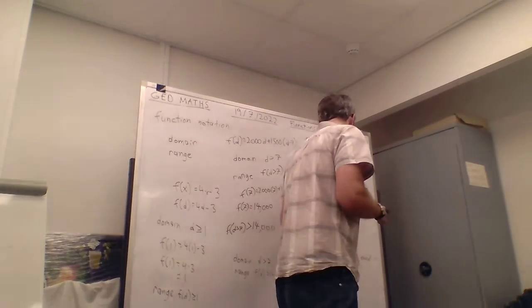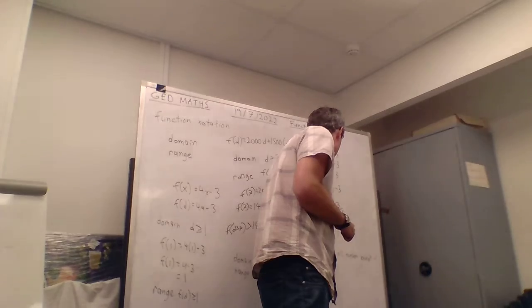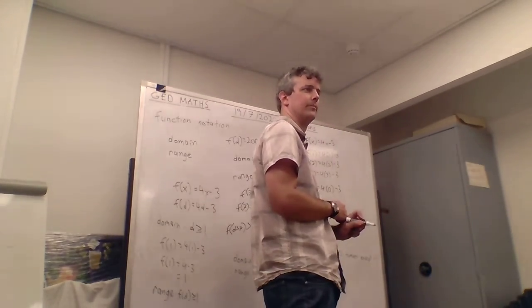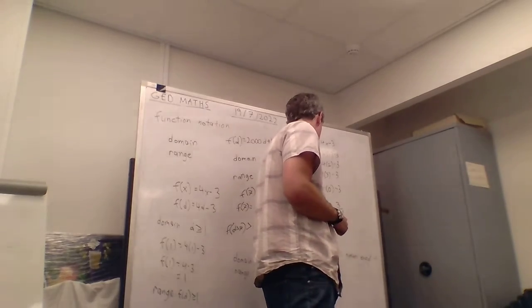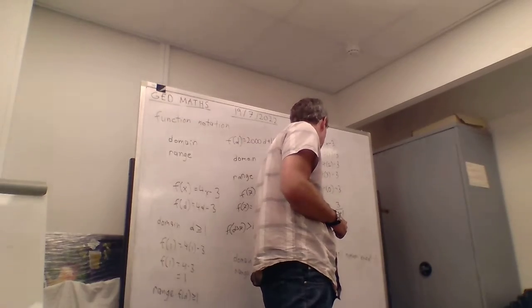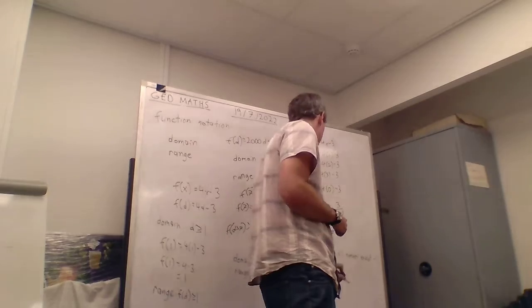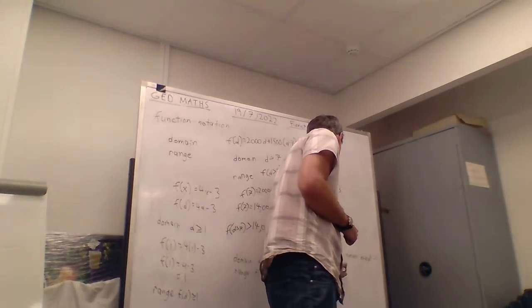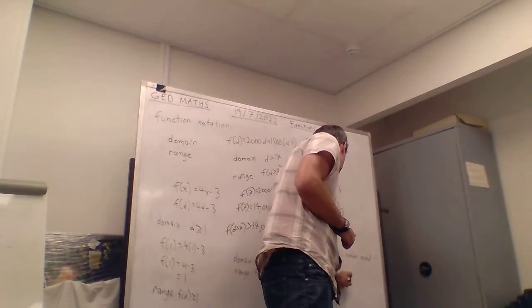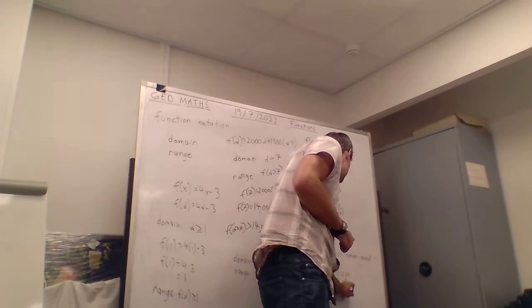Because, let's say we put x is minus 0.9, right? Then y equals 3 over 0.1, which equals 30. If x equals minus 0.99, y equals 3 over 0.01, which equals 300.